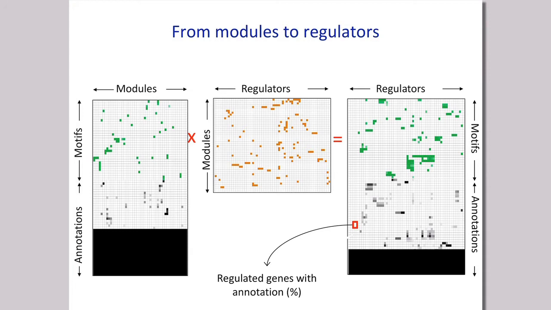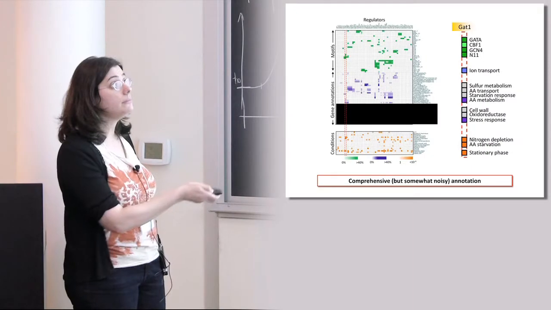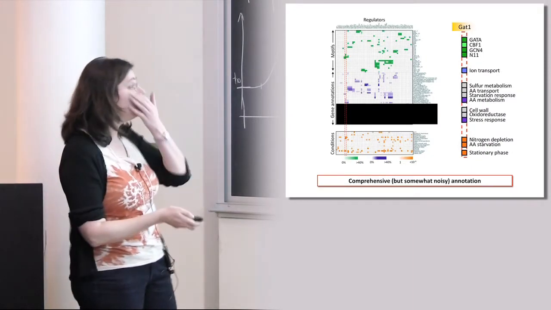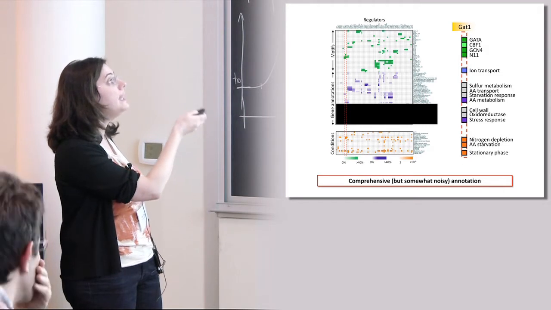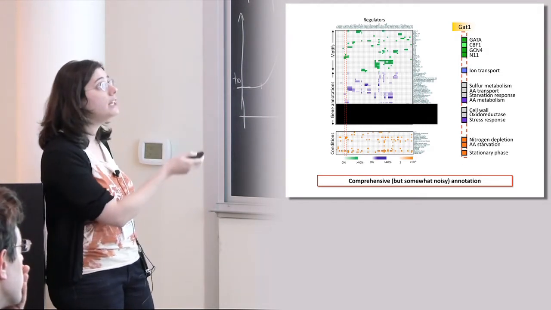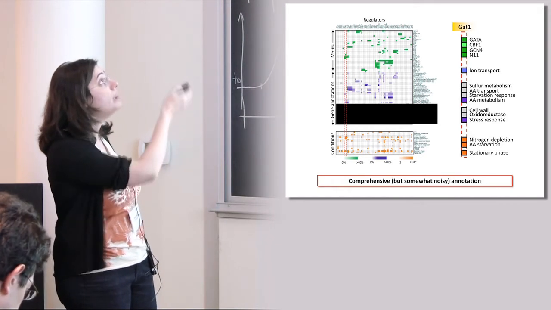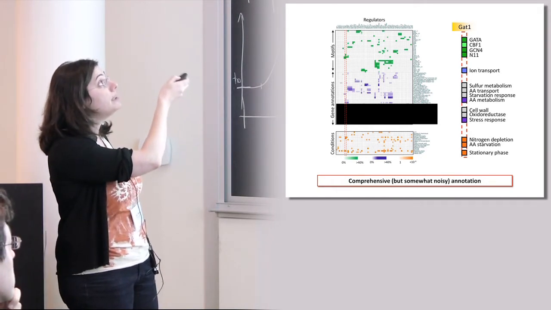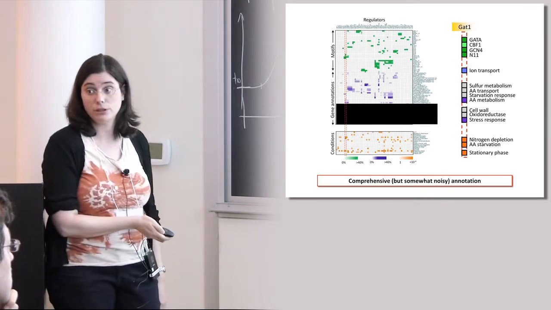So if a regulator was associated with more than one module, and both of these modules had different or the same annotations, this information will aggregate in this matrix. Now we can also take these splits between the different contexts, and we can label the different biological conditions, and we can test for an enrichment on splitting different conditions away from one another based on the split that the regulator induces, and from this we can get a matrix of regulators by conditions.